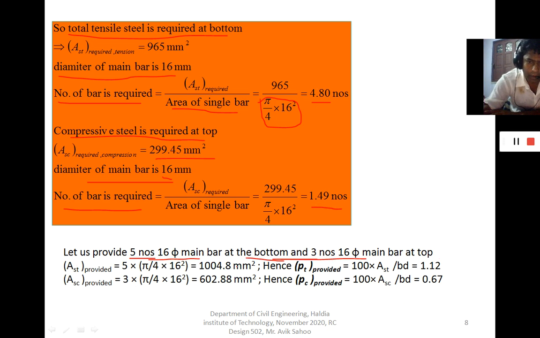So AST provided is how much? That is 5 into pi by 4 d square, and the PT provided is 100 into AST by bD, 1.12 percent of tensile steel of the doubly reinforced section, and similarly ASC provided is this and PC provided is 0.67.